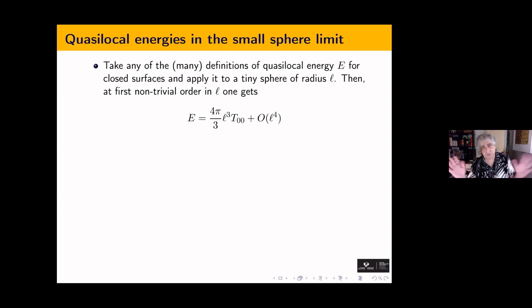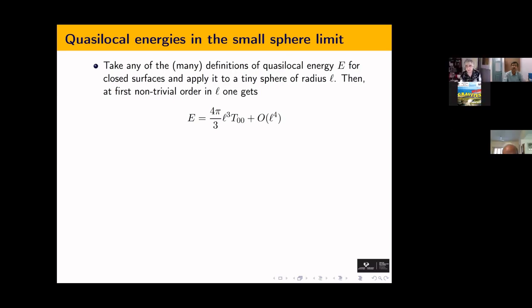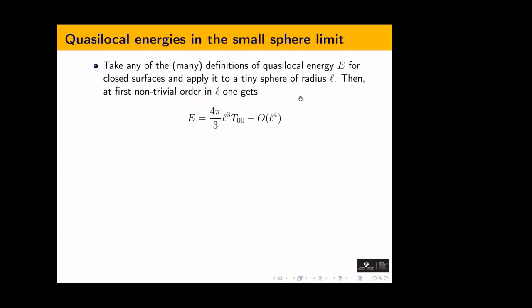You take any quasi-local energy for a closed surface, and you apply this definition to a tiny sphere of radius L. Then, if you compute this quasi-local energy at first non-trivial order in the radius, this is what you get. So you see 4π/3 radius to the cube times the energy density. So this is what you expect for a very, very small sphere.